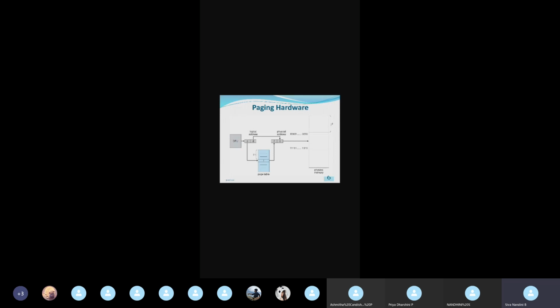Once this page number P is found, the corresponding frame number F will be sent to the physical address. Only the frame number varies from the page number, but the same offset is used. So the same D in the logical address will be sent to the physical address.